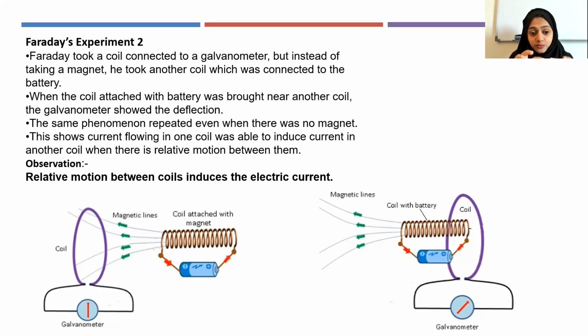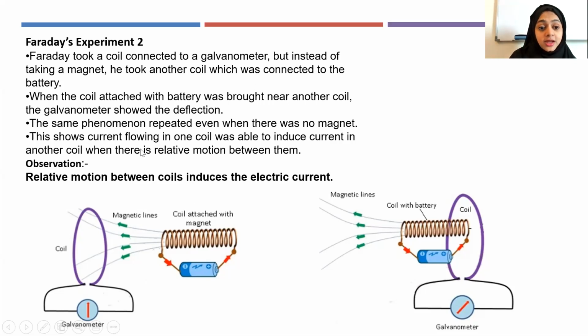So if this wire is wound into small circles with a large number of turns, a strong magnetic field is produced, and this acts similar to a bar magnet. That is why the same phenomenon as we saw in the previous experiment repeated even when there was no magnet. This can act as a magnet.